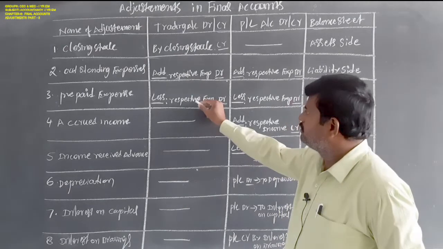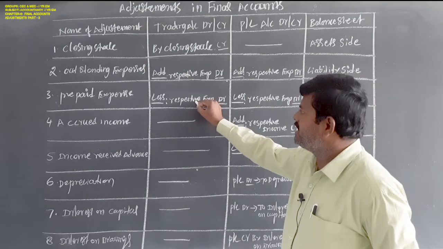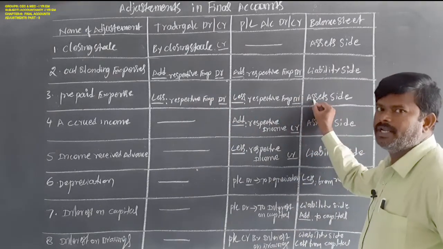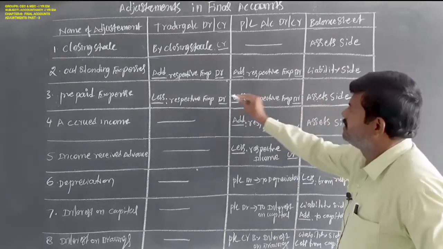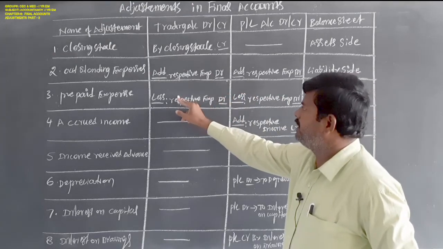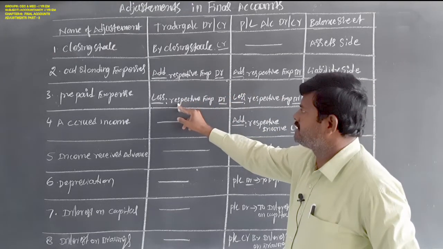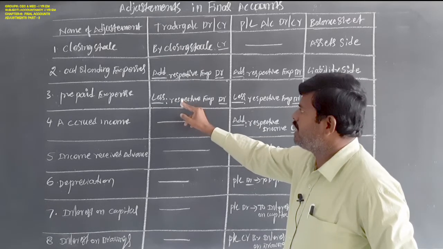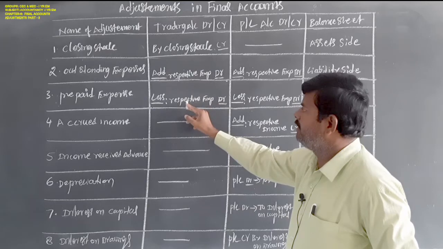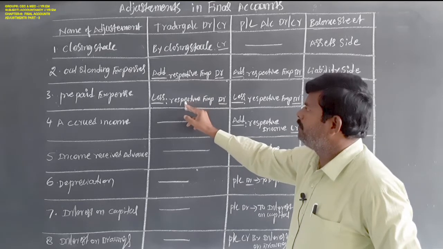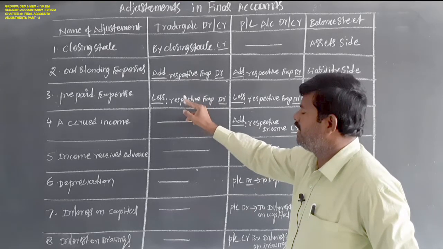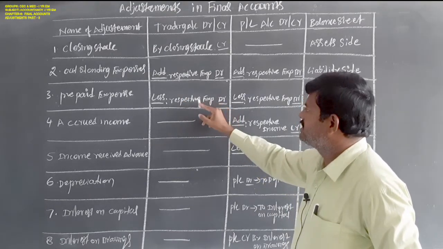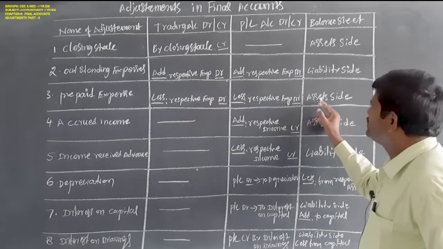The same prepaid wages must be recorded on the asset side. First, deduct from the respective expense, either wages or carriage, whatever it may be, which are recorded on the trading account debit side. The same amount will be recorded on the asset side.